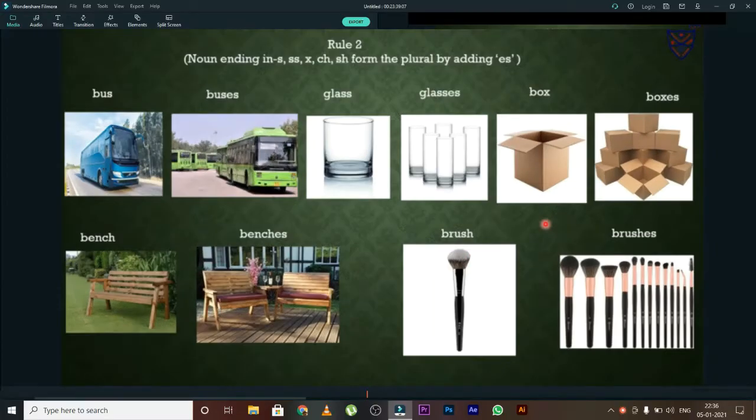So students, nouns that end in a hissing sound, ch, double s, sh and x, form their plurals by adding es to the singular, like bus, glass, box, bench, brush. At last a hissing sound is there. Okay, at that time we have to add es to convert singular into plural. Okay.